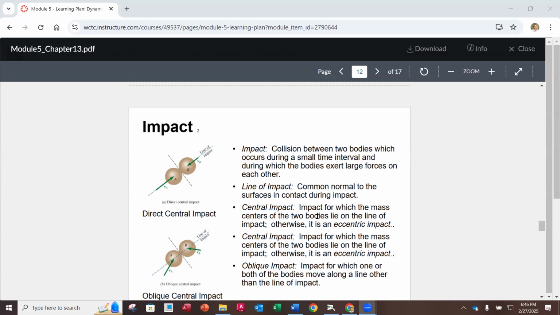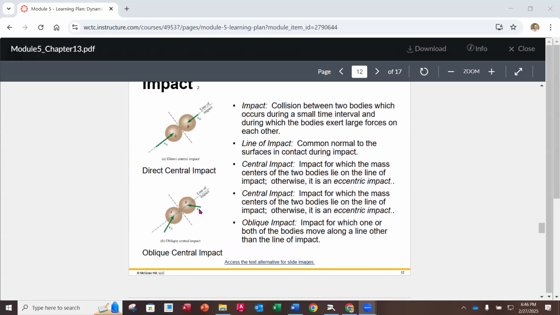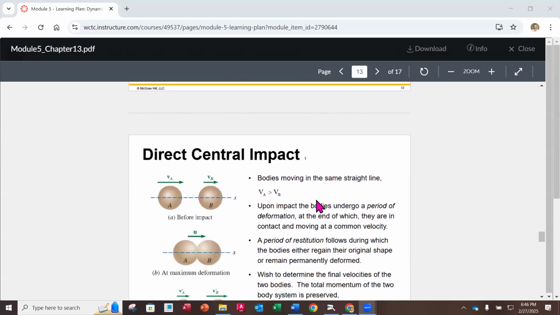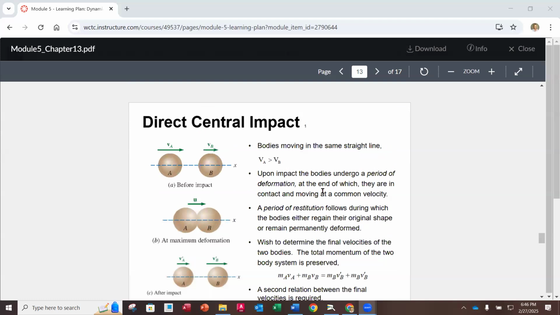Central impact is when those lines of impact are in line with the actual velocities of the collision. The oblique impact is where those velocities are coming in at an angle, but the centers are still on the line of impact. Looking specifically at direct central impacts, like I said, those are the ones we're going to focus on in this section and in the problems I have assigned for you.